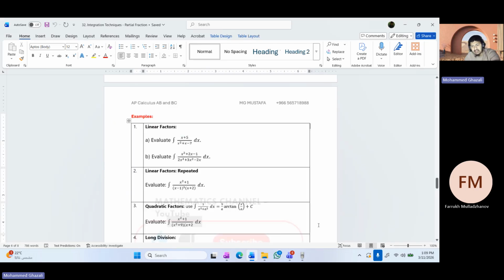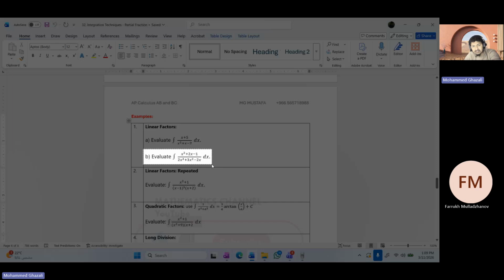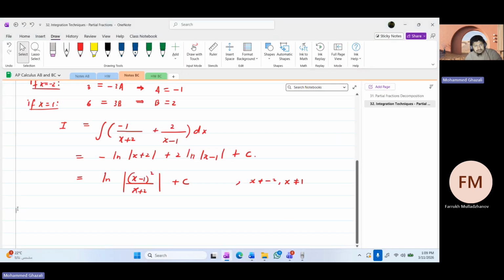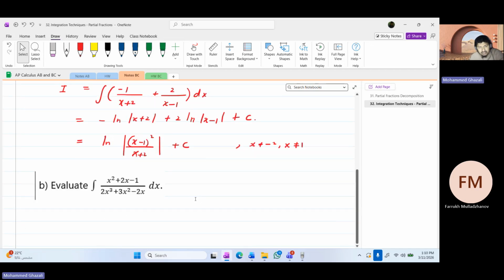The next question is a cubic form. Remember, you can use a calculator to factorize cubic forms as well. Next problem I have is this. I want to decompose this fraction. Before I decompose, I need to factor the denominator.